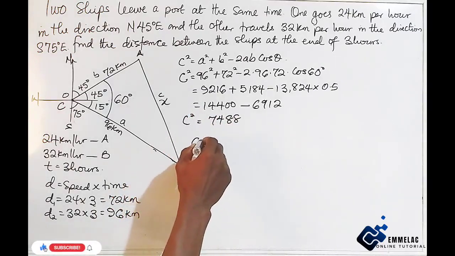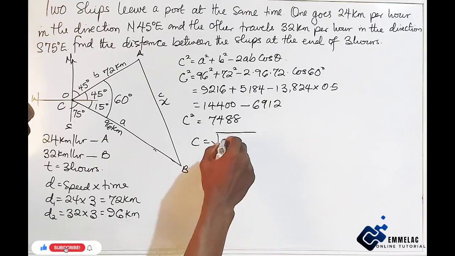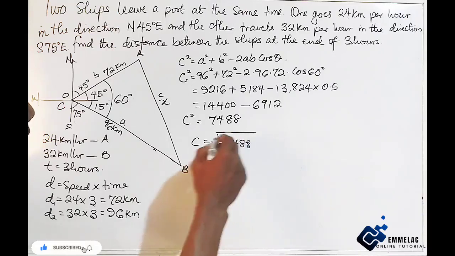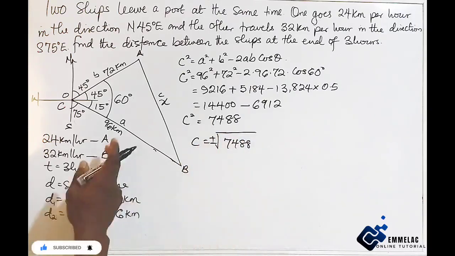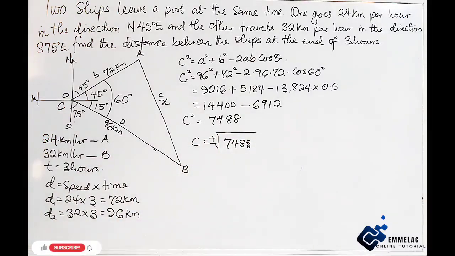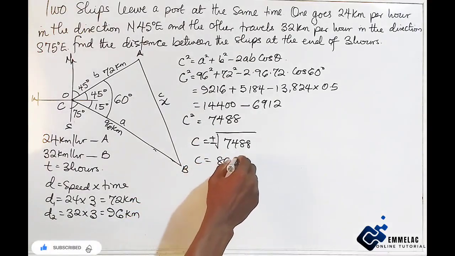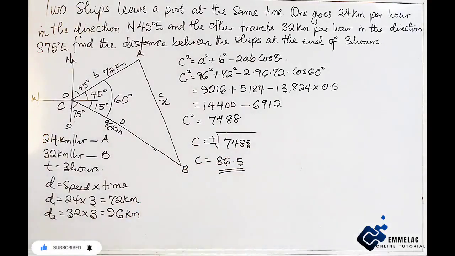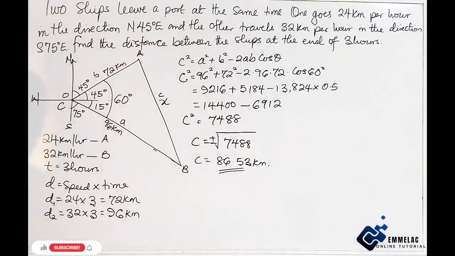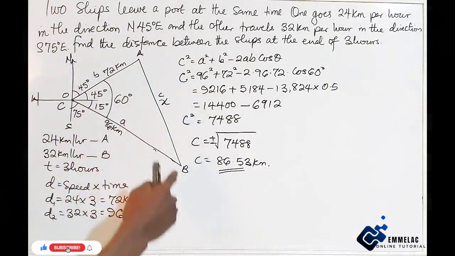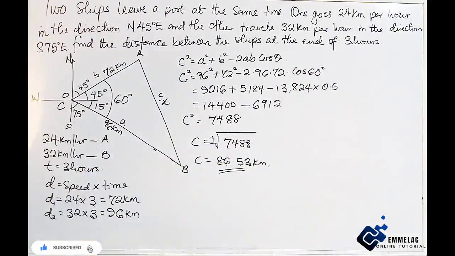Here you have the square root of 7488, plus or minus, but we will not be making use of the minus because distance can't be a negative value. So the square root of 7488 gives us 86.5 kilometers. So 86.53 kilometers is the distance between these ships at the end of 3 hours.